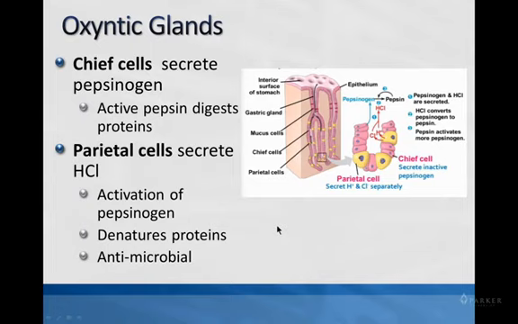So to make it easier to digest proteins, you denature them. Start messing with the three-dimensional shape of the proteins, which makes it easier for enzymes to digest them. It also serves an antimicrobial role, and that helps to kill any microbes that you've swallowed with your food.